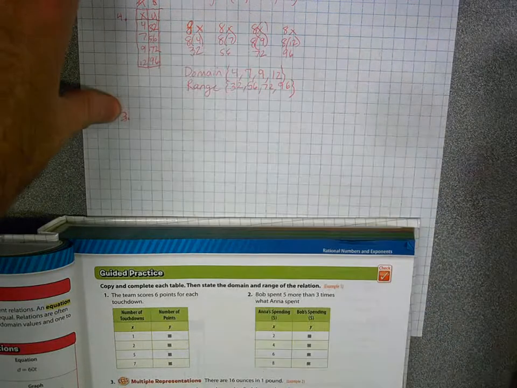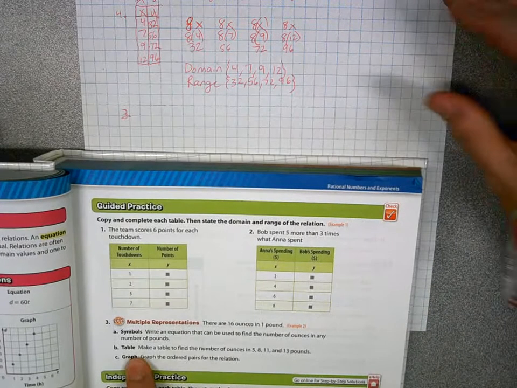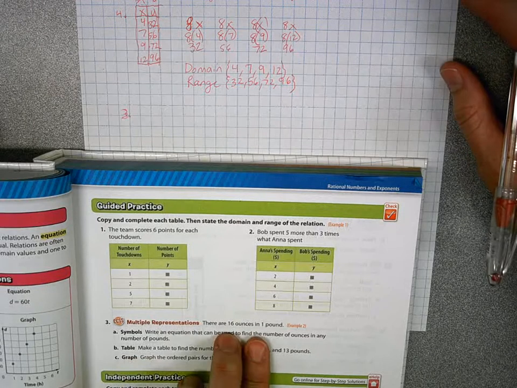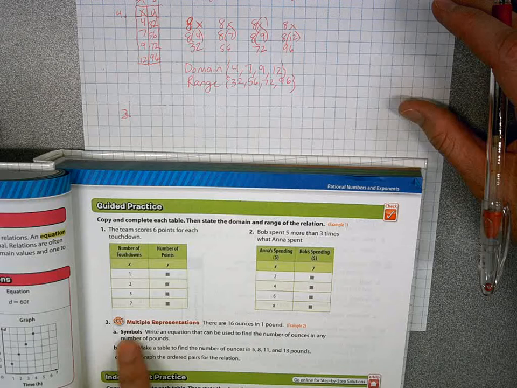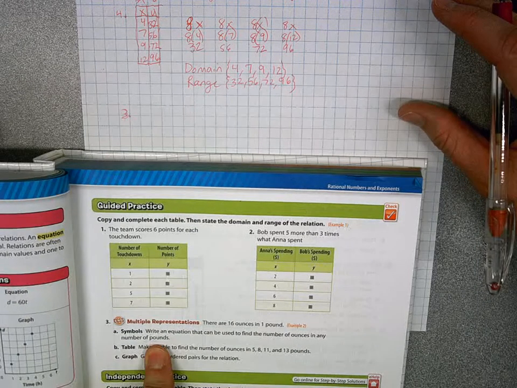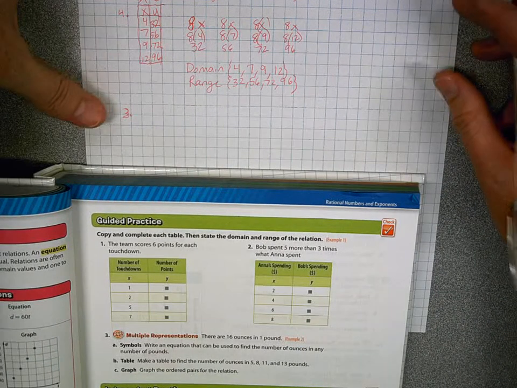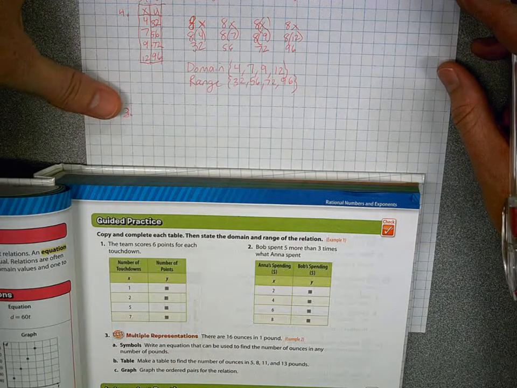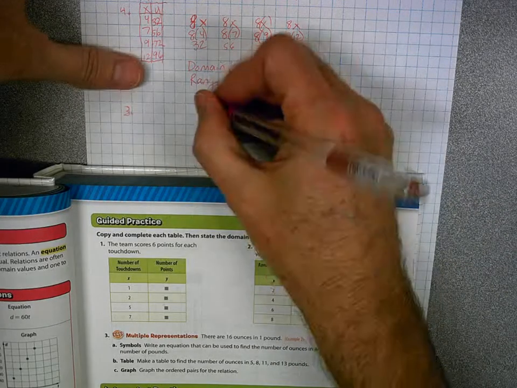So what I'm getting at is, if I'm looking here, it says write an equation that can be used to find the number of ounces in any number of pounds. All right, so what we're going to do is represent this by an equation. Okay, so this is 3a.